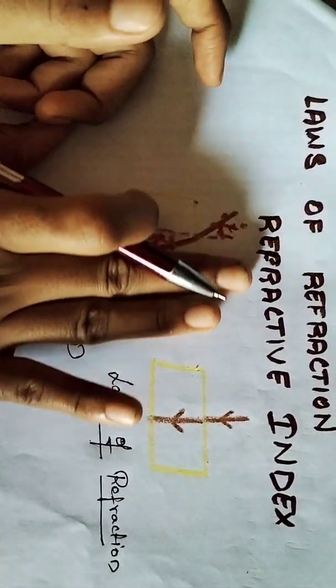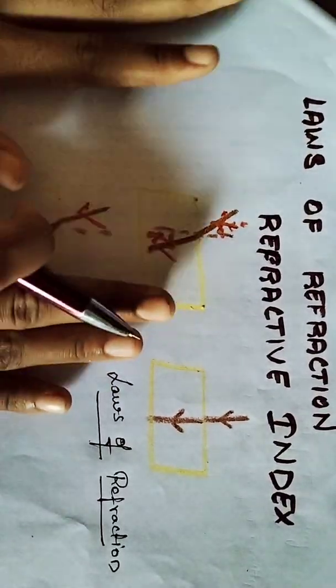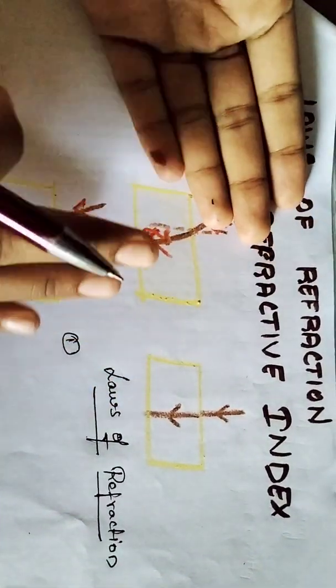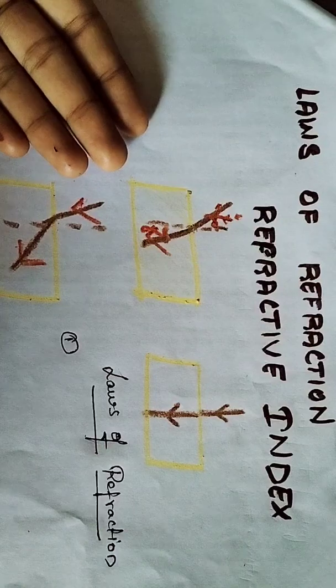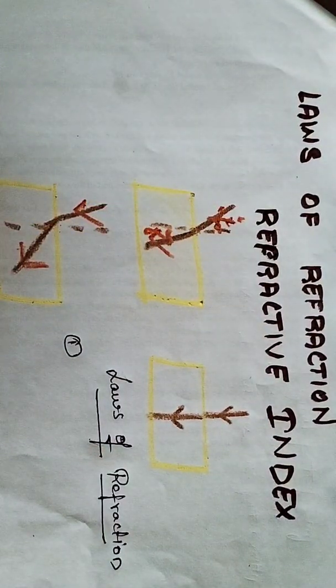Okay, this is a plane, a horizontal plane. Correct? All lie in the same plane. They won't go back or come front in any direction. That's what the first law says.